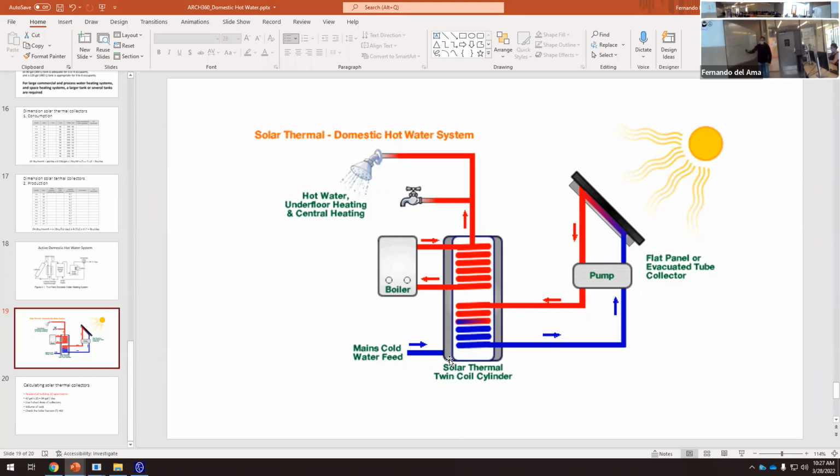So it's not just a pipe. We bend the pipe many times, and we create a coil, and then we transfer more energy. This is what we call a heat exchanger.